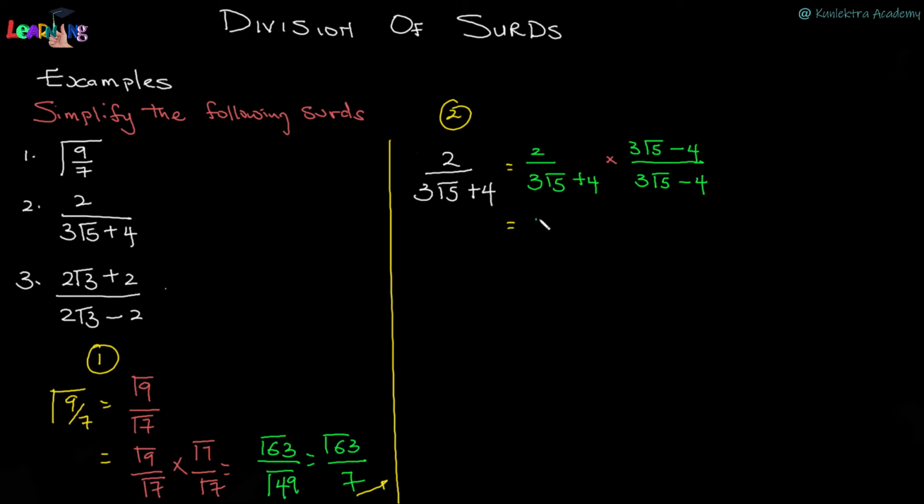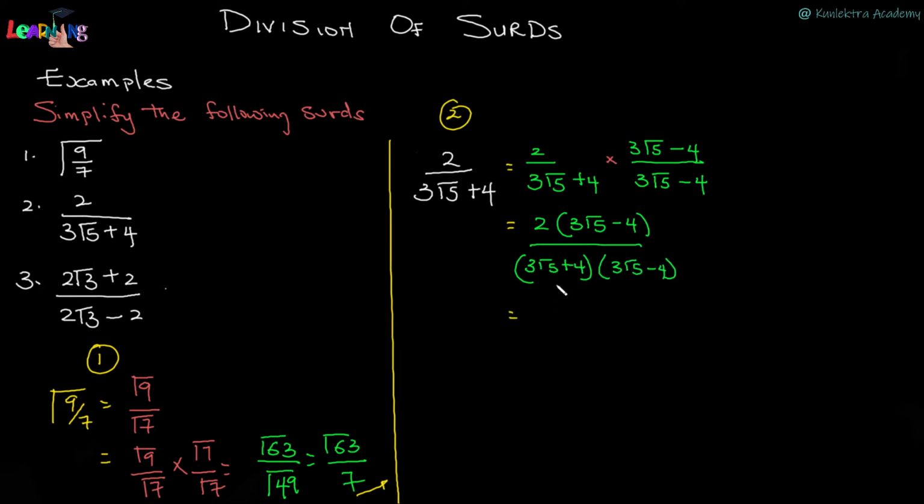Now here we have 2, the numerator, open bracket, 3 root 5 minus 4, over, now this is the difference of two squares, whereby you have 3 root 5 plus 4 times 3 root 5 minus 4.